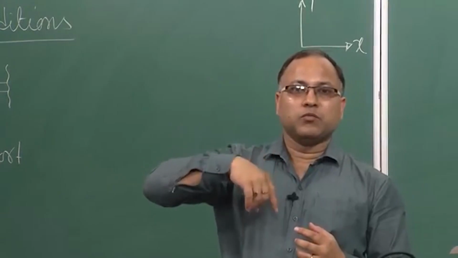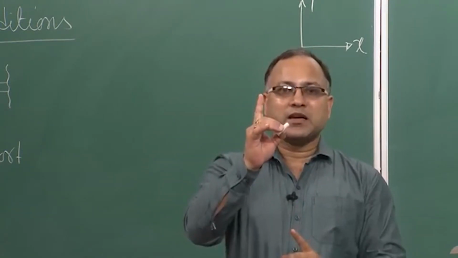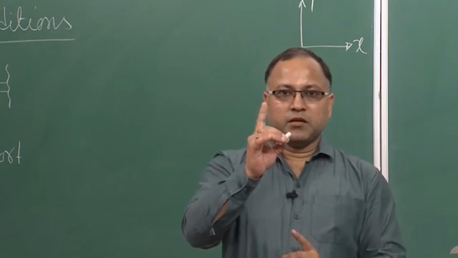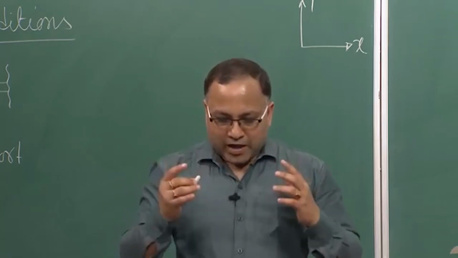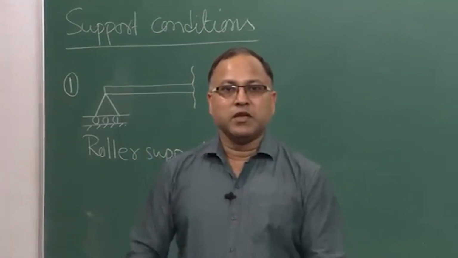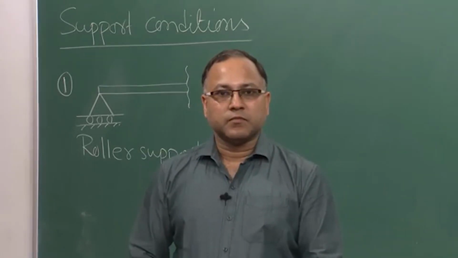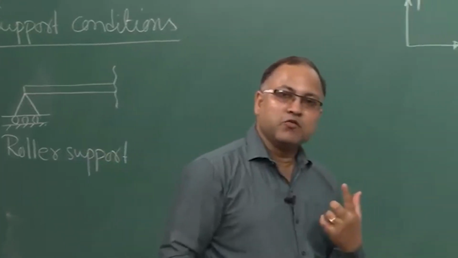Say my weight is acting in the downward direction, so the reaction will be acting in the upward direction. That means I am free to move in this direction, but I cannot move in the vertically downward direction, because the floor is giving me the opposite and equal reaction.